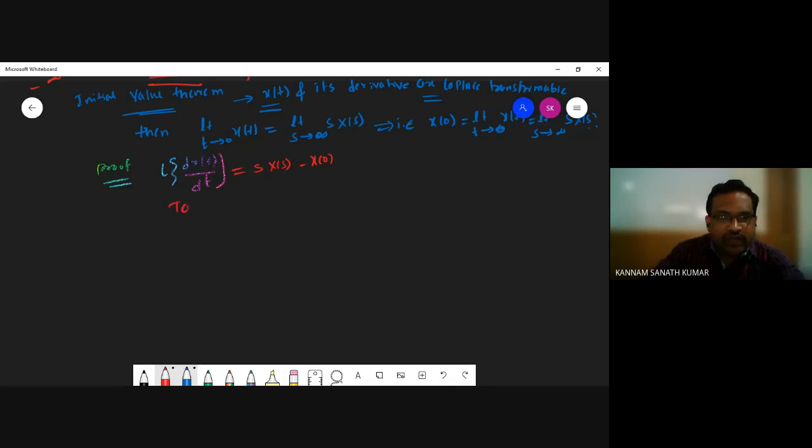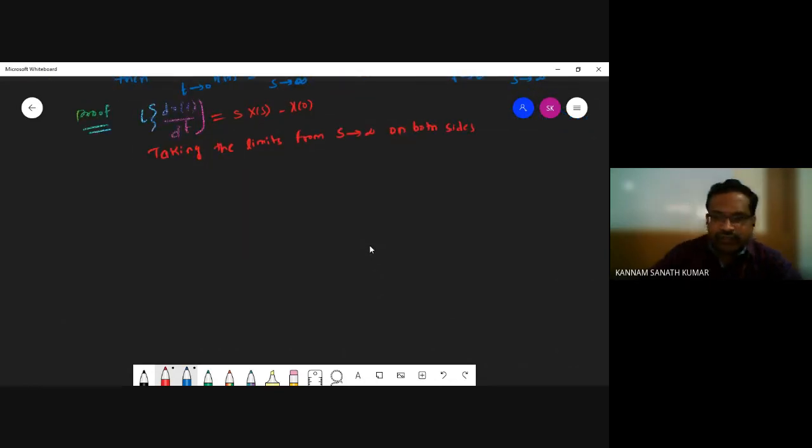Okay, so taking the limits as s tends to infinity on both sides, what you will get is limit s tends to infinity of the Laplace transform of dx of t by dt, that is equal to limit s tends to infinity, s into x of s minus x of 0.